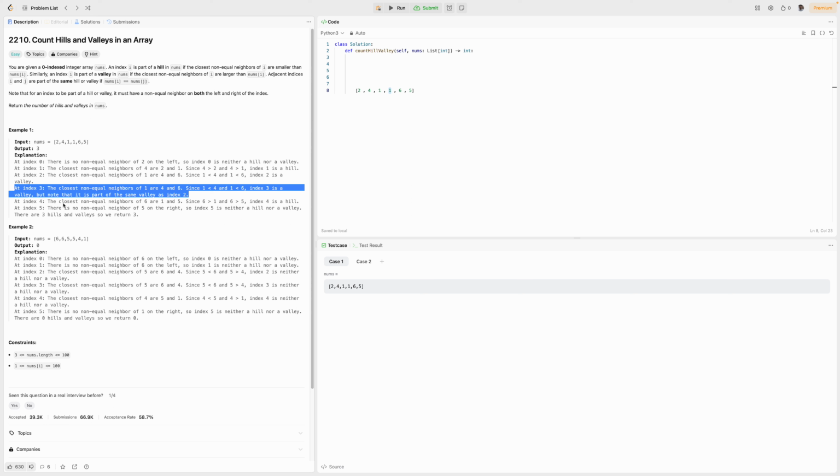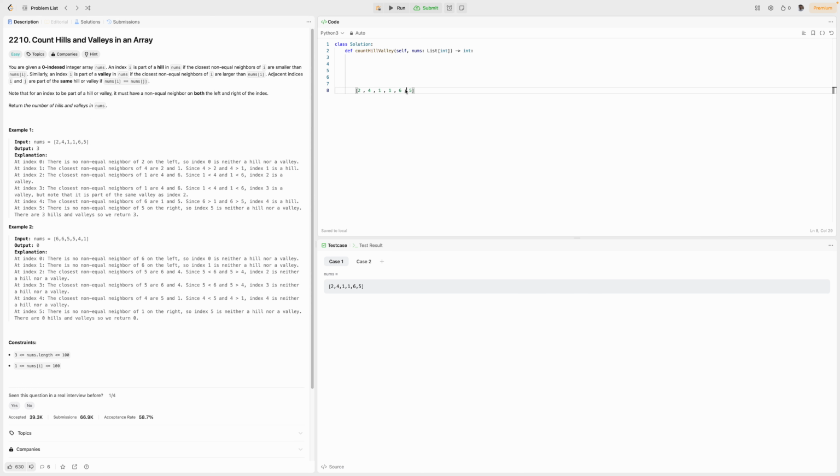At index 4, the closest non-equal neighbors of 6 are 1 and 5, and it's a hill. Index 5 has no non-equal neighbor on the right, so index 5 is neither a hill nor a valley.